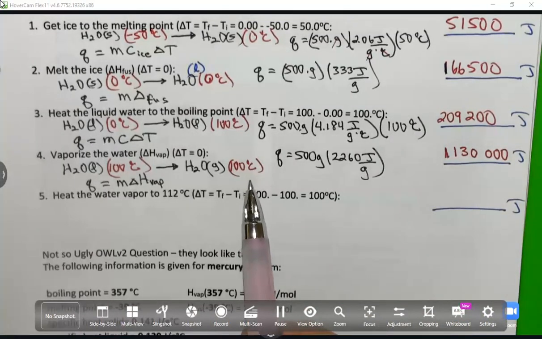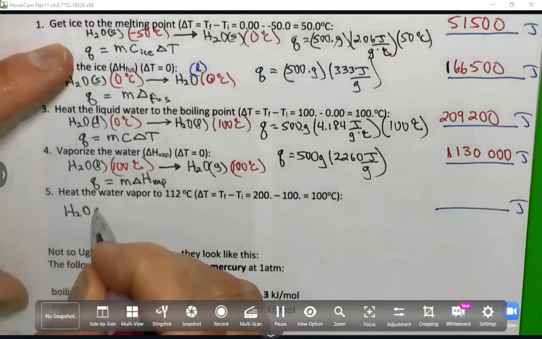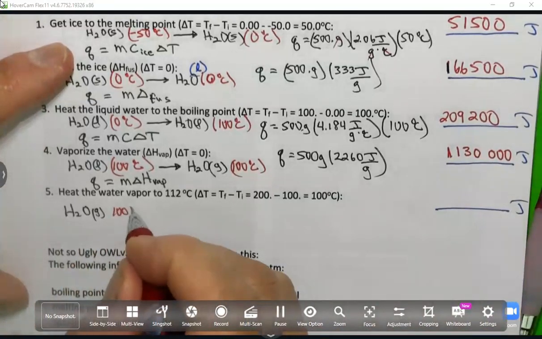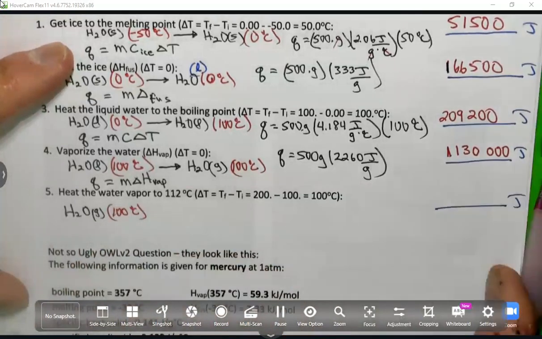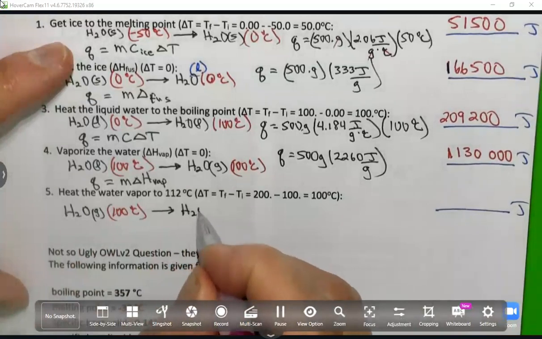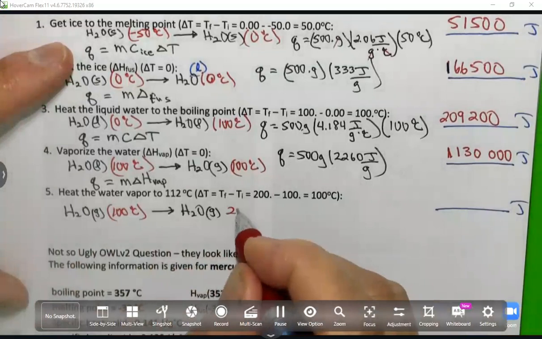I now need to take my H2O gas at 100 and I need to get this to H2O gas at 200.